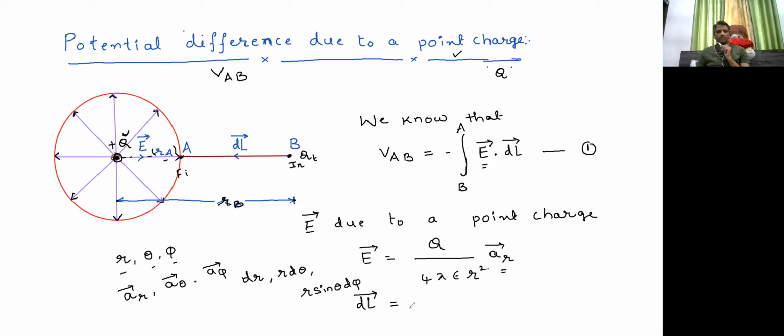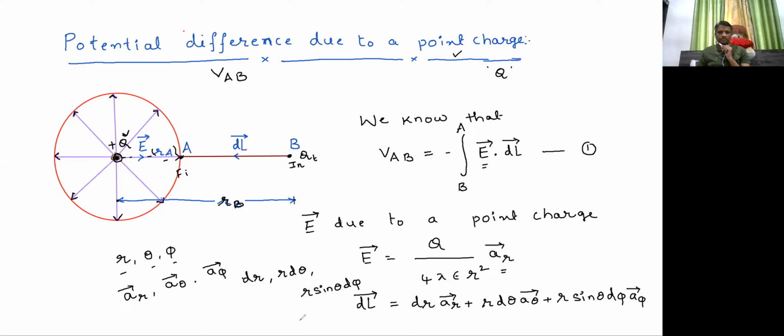So for writing dl vector, what we require is simply dr AR vector plus r d theta A theta vector plus r sine theta d phi A phi vector.